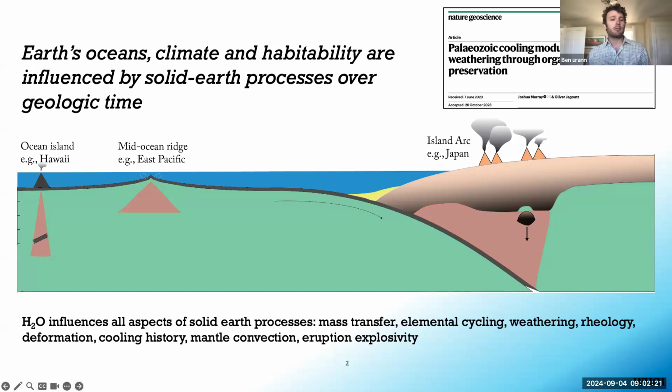And so water controls everything from facilitating mass transfer and chemical exchange to how rocks deform and behave both plastically and brittly. And so here is just a schematic diagram with a recent paper from Ollie Agatu's group at MIT showing how cooling can actually be modulated by ophiolite weathering through organic carbon preservation.